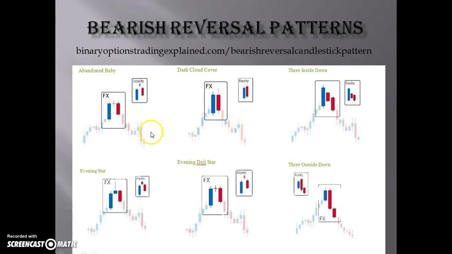Alright, for the dark cloud, what happens is this. An upward trend exists, and then a bullish candlestick forms. Then a bearish candlestick forms next.